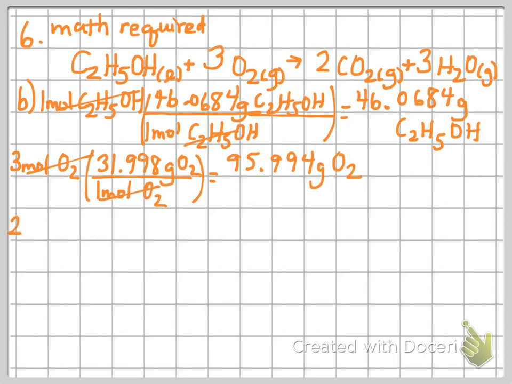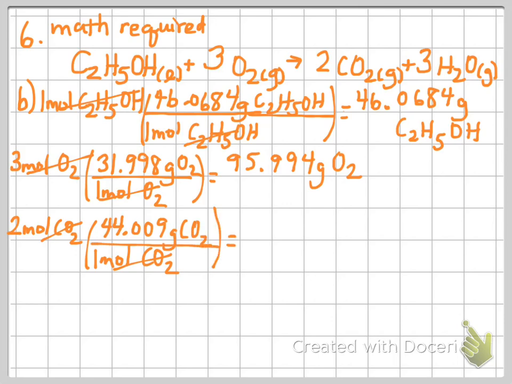For carbon dioxide, I'm going to start with 2 moles because that's my coefficient. I'm going to use again the molar mass of carbon dioxide, which is 44. Okay. And then finally, I'm going to start with 3 moles of water.